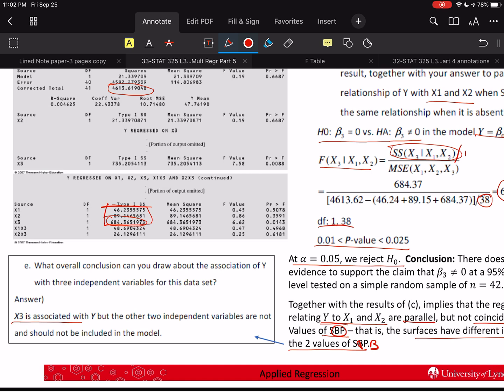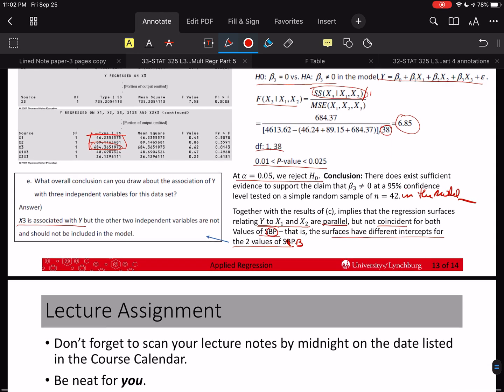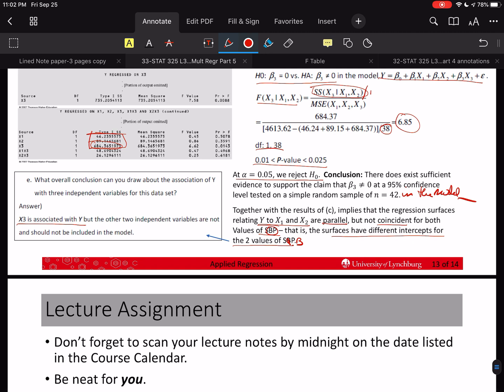X3 is associated with y, but the other two independent variables are not and should not be included in the model. Okay. So I hope that has helped you figure out how we can do some additional tests using these variables added last and added in order methods.